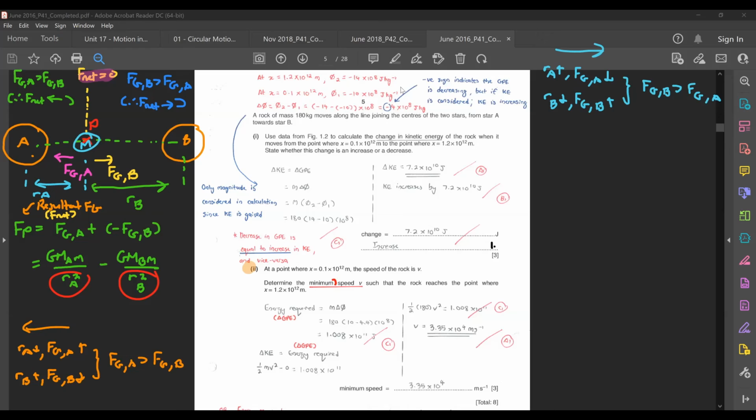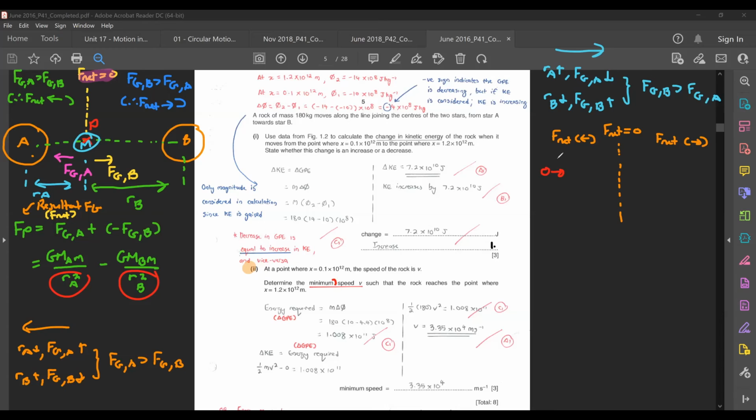Now, let's just say, for example, I draw for you this line where I tell you Fnet is 0, and then this part here is where Fnet is going towards the left, and this part here is where Fnet is going towards the right. Now, let's just say, for example, I project to you a mass with a certain velocity.